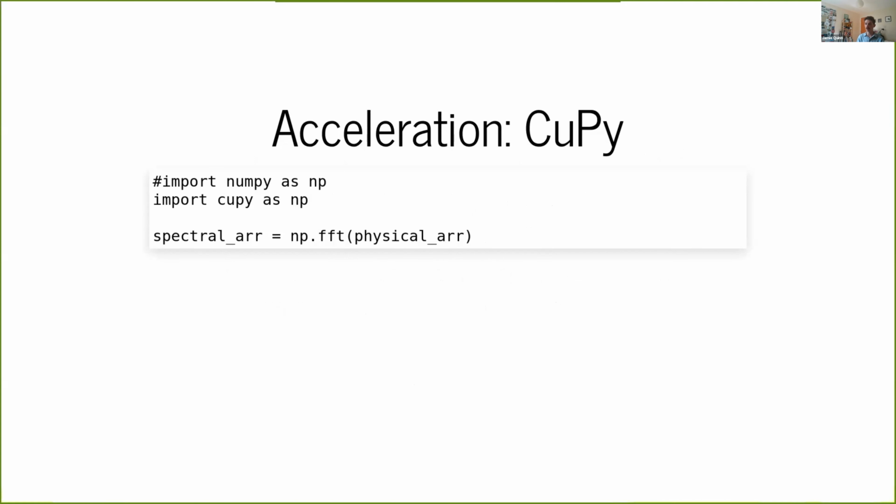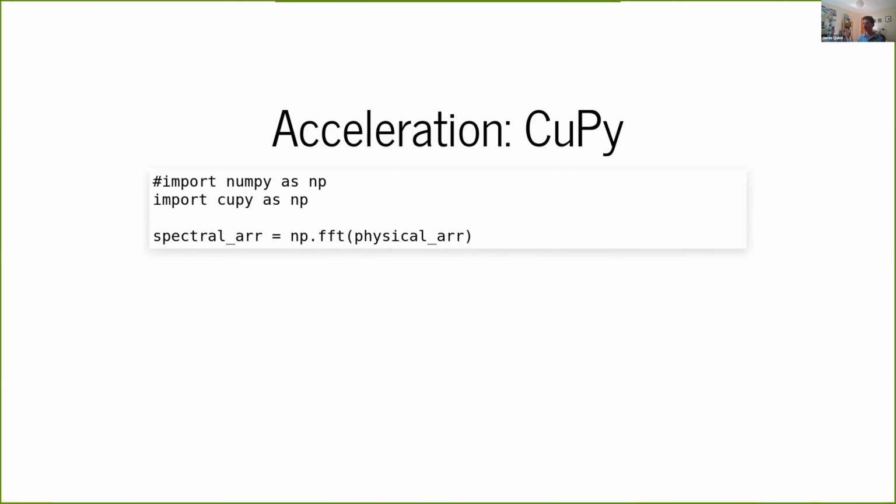So onto the actual meat of the GPU stuff. In terms of actually accelerating the code, I used a lovely library called CuPy, which is a drop-in replacement for NumPy. So if you just write your code initially in NumPy, you can then essentially just comment it out and change this one import statement to import CuPy instead of NumPy.